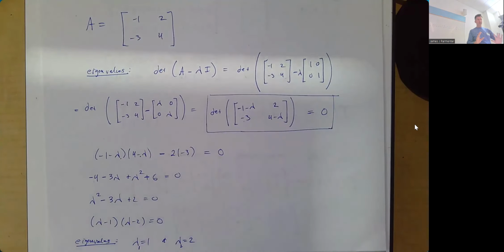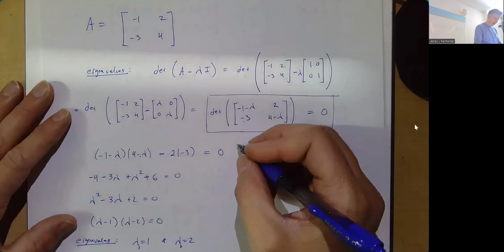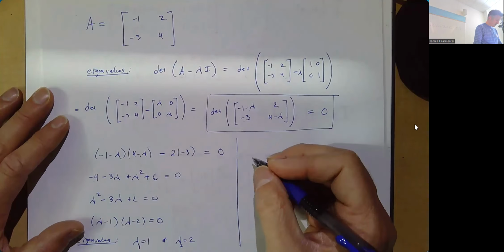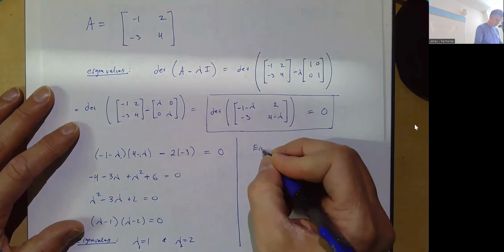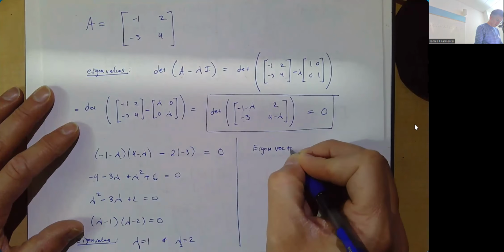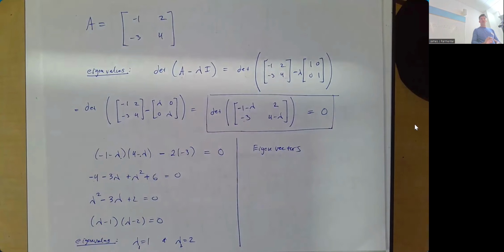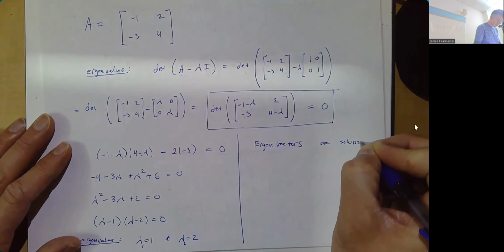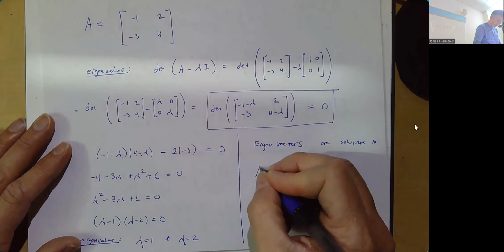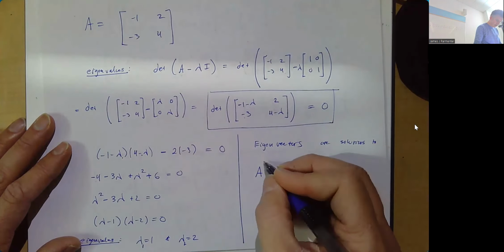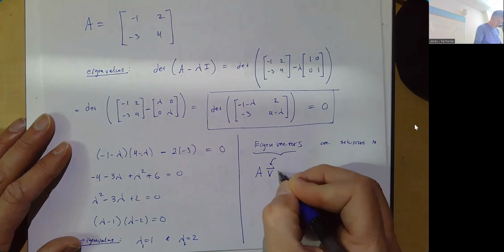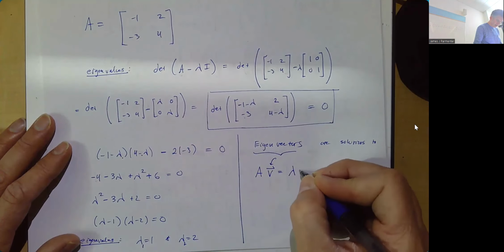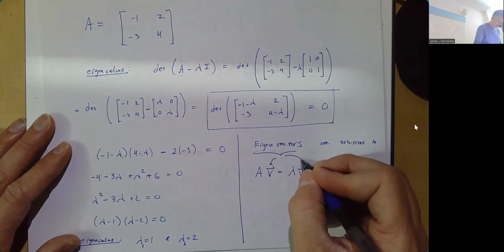Okay, we're almost there, I promise. We're coming back around to what we were talking about before. So now I want to find the eigenvectors. The eigenvectors are the vectors that are solutions to the matrix A times the eigenvector equal to the eigenvalue times the eigenvector.